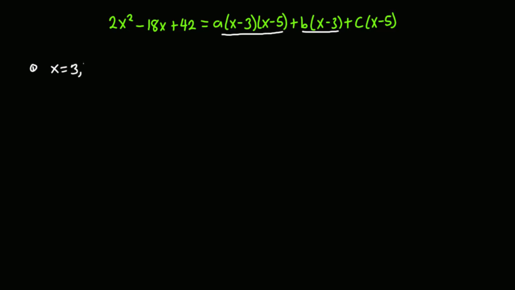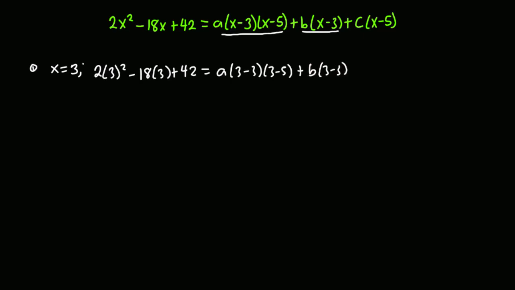If x is equal to 3, we get 2 into bracket 3 squared minus 18 into bracket 3 plus 42 is equal to a(3 - 3)(3 - 5) plus b(3 - 3) plus c(3 - 5).